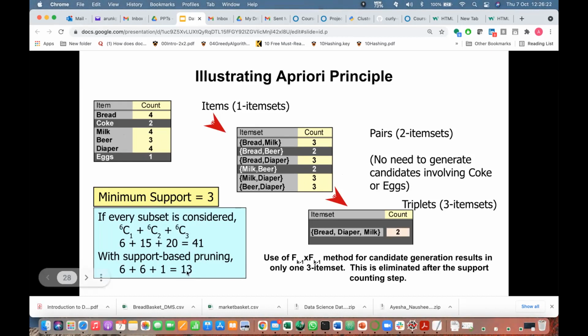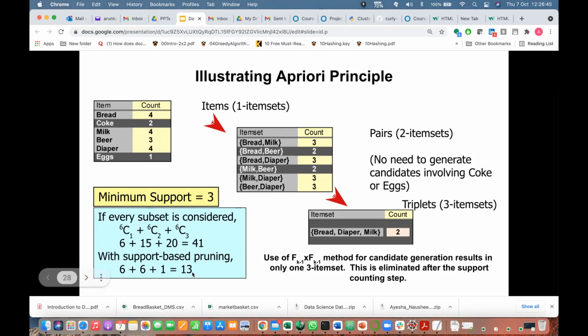Earlier we got 16, right? By using this FK-1 combination with FK-1, you are getting 13. Use of the FK-1 method for candidate generation results in only one 3-item set. This is eliminated after the support counting steps.